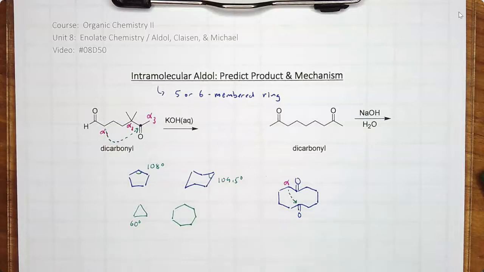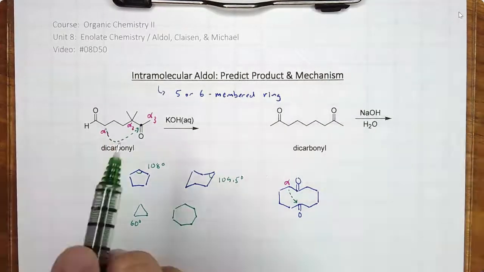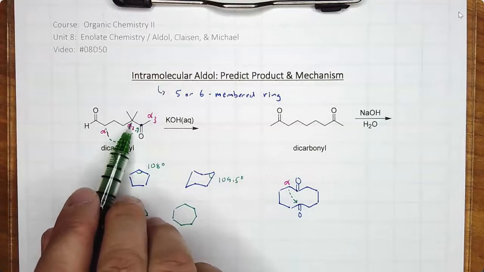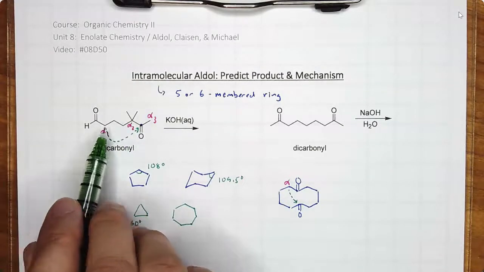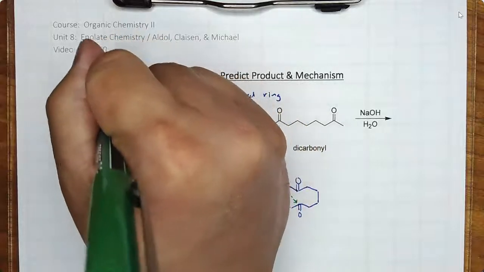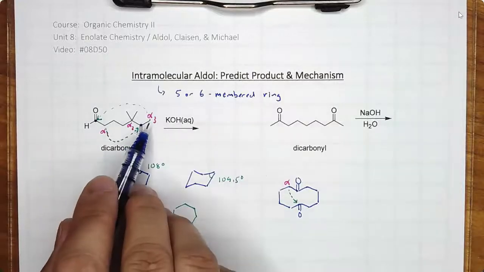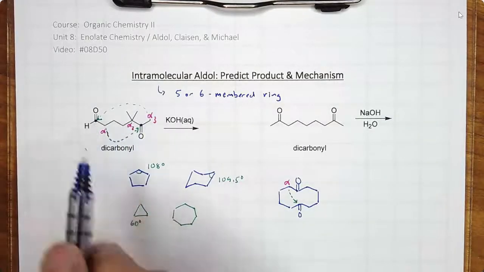So that is correct. Because I can't make the enolate here, so this cannot be the attacker. But if I make the enolate here and I attack the carbonyl across the way, do you see how that is not the ring that I am going to make? Because this would be a 1, 2, 3, 4, 5, 6, 7-membered ring.